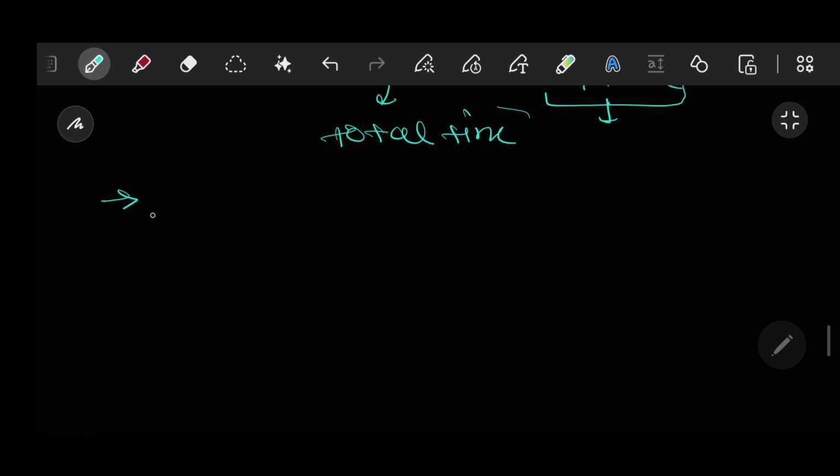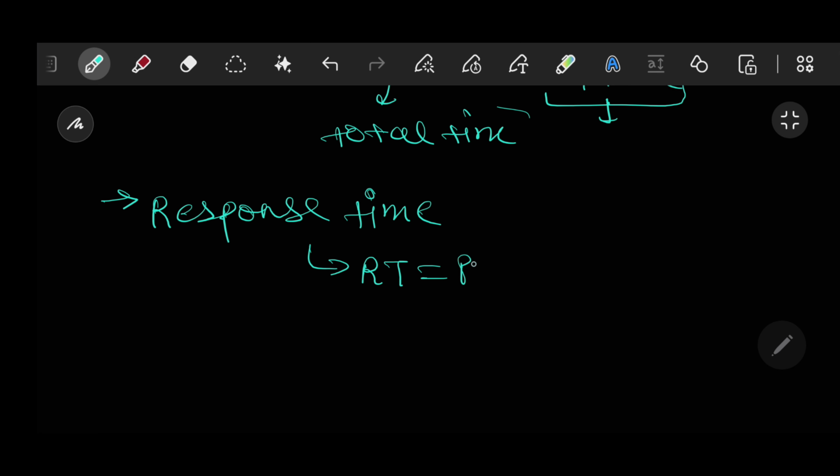Another term we are going to discuss is response time. Response time is the wait before a process gets the CPU for the very first time. So response time is equal to process start time minus process arrival time.